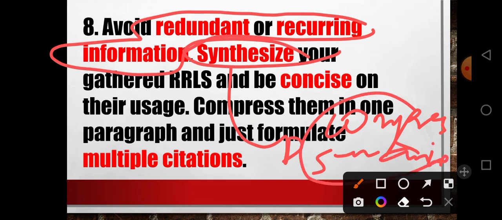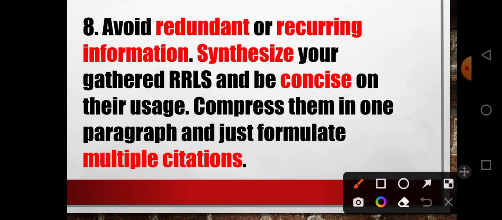in a single paragraph. Okay, so the importance of having a synthesized RRL is to have a more comprehensive and concise text. Okay, and once we synthesize our RRL, there is no need for us to indicate citations one by one per main idea.